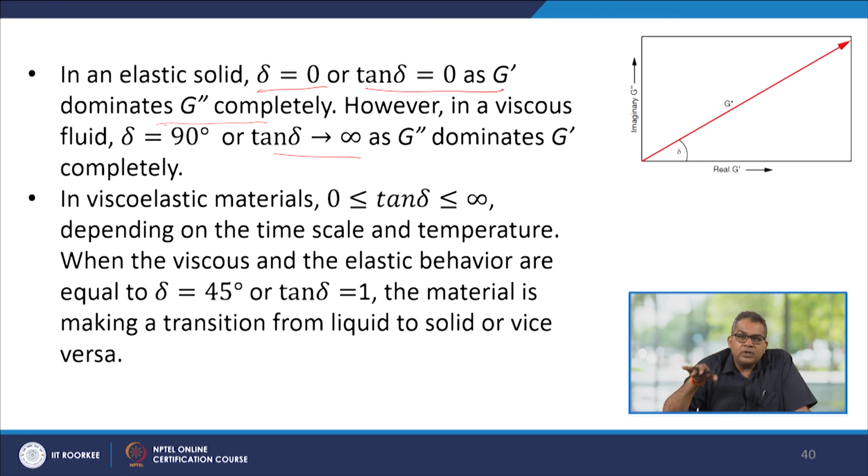Now, in a viscoelastic material, tan delta is greater than or equal to 0 and less than or equal to infinity, depending on the time scale and temperature. When the viscous and elastic behavior are equal, delta is equal to 45 degrees or tan delta is equal to 1, and the material is making a transition from liquid to solid or vice versa.